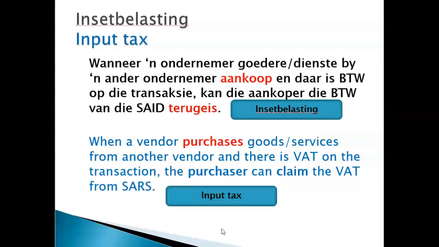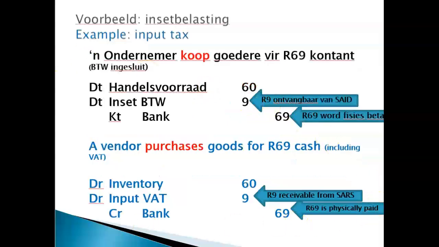So if I want to claim VAT back from the receiver of revenue, I must buy the goods from another VAT vendor. If I receive a VAT invoice from a supplier or a provider of a service, and I'm a VAT vendor, I can claim the VAT from the receiver of revenue, and that is what we call input tax.